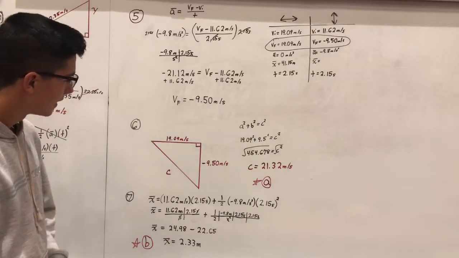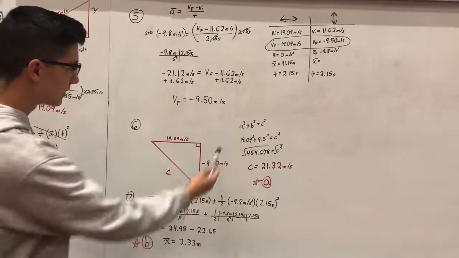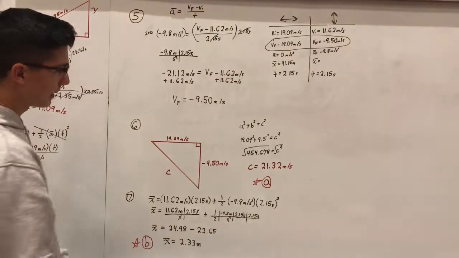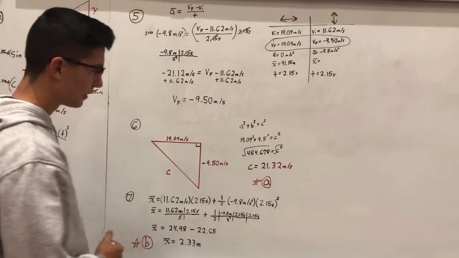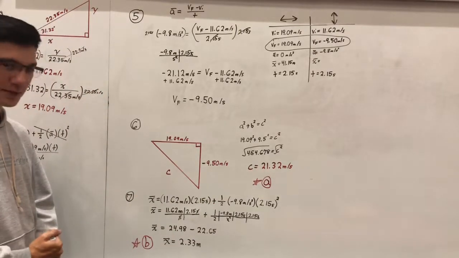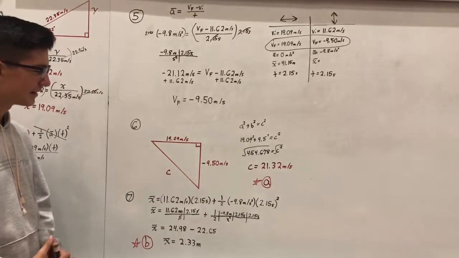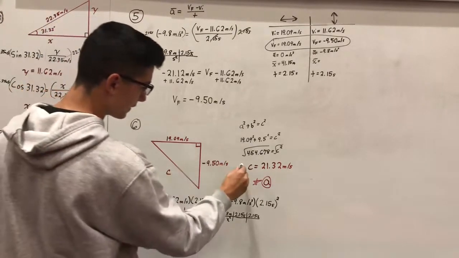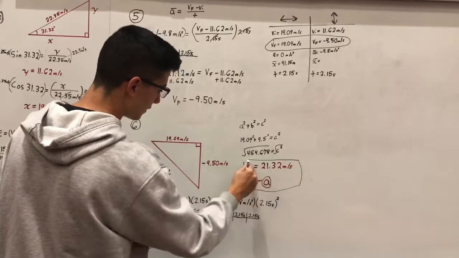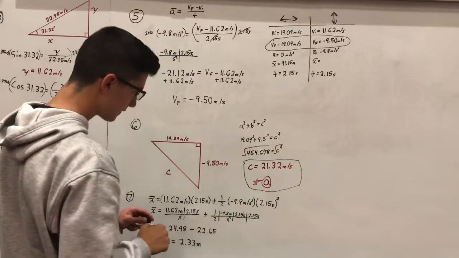So with that, we could use the Pythagorean theorem, a squared plus b squared equals c squared, and we could get a value, which is c, roughly about 21.32 meters a second, and that'll be the first answer to our question, which is A.